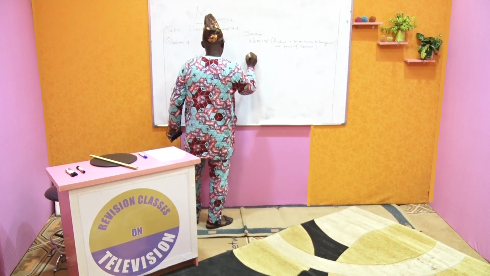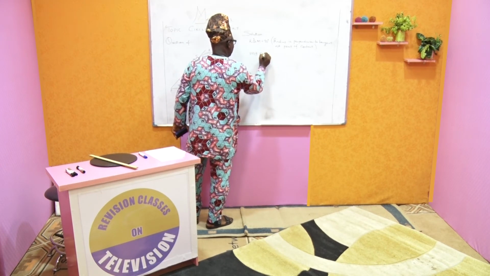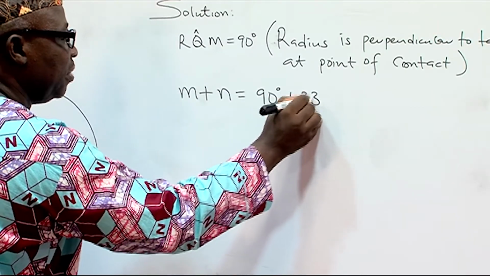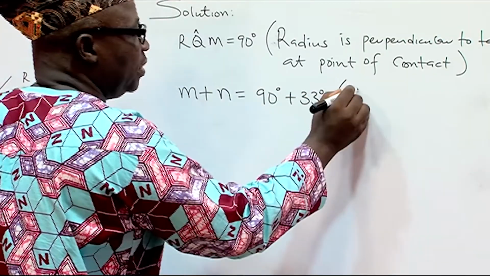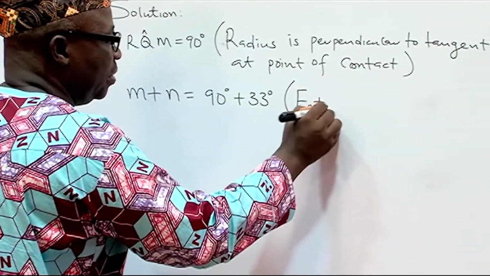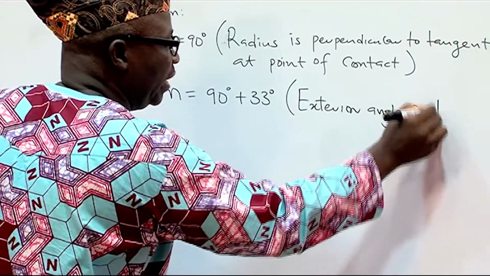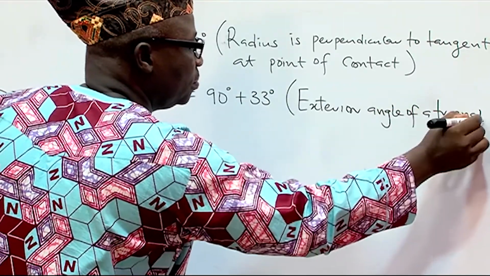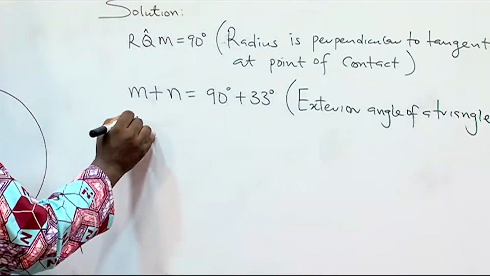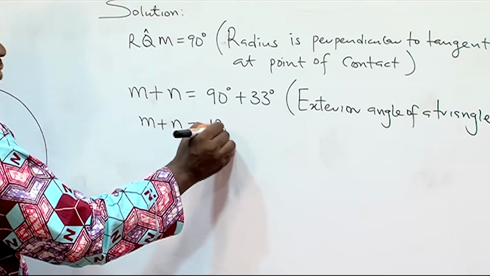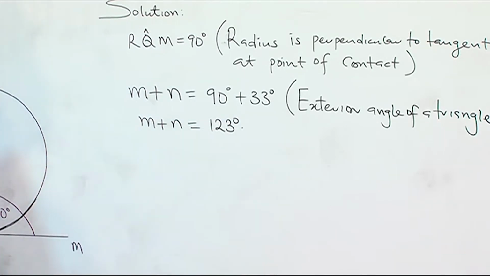So I can now say M plus N is going to be 90 plus 33 degrees. The reason for that: exterior angle of a triangle. So that implies that M plus N is 123 degrees.